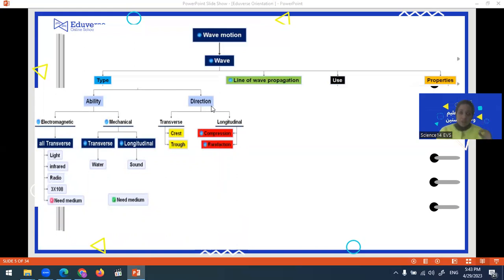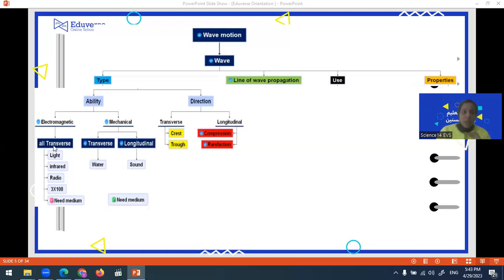It's the direction of the vibration of the medium particle relative to the direction of the wave propagation, if it's perpendicular or parallel. So concentrate with me, please. Let's talk about the type according to the ability of the wave to propagate and to transfer energy. We have here electromagnetic waves and mechanical waves. Electromagnetic, okay, we don't have any electromagnetic.